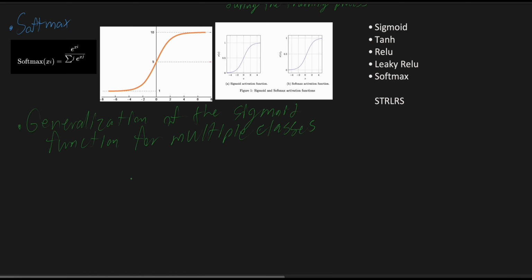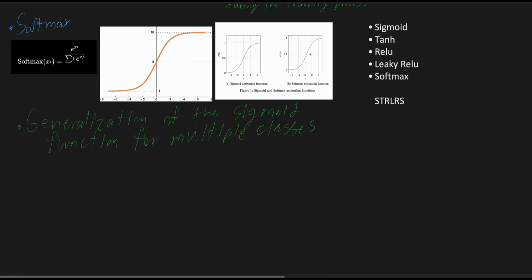For a given vector x of real numbers, the softmax function normalizes it to a probability distribution consisting of softmax x of i that we have for a given input. The output is a vector of the same dimensions as x, where each element ranges between 0 and 1, as with sigmoid, and all the output values add up to 1.